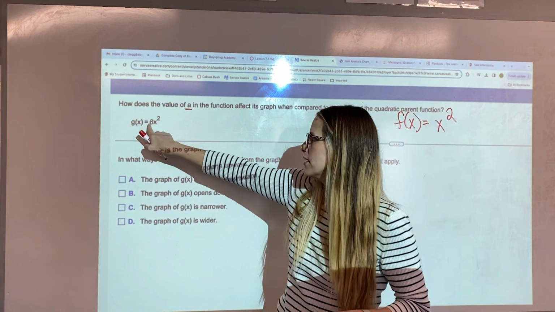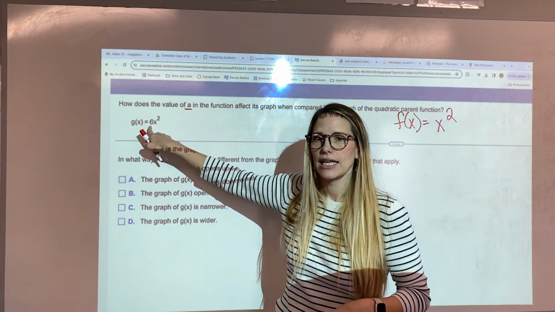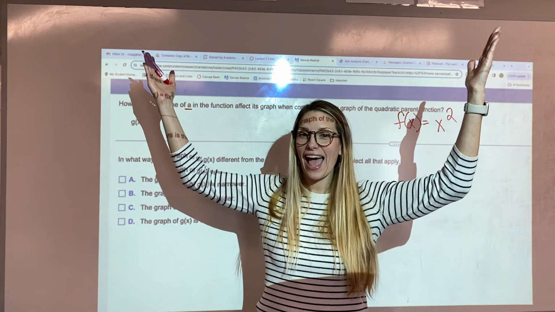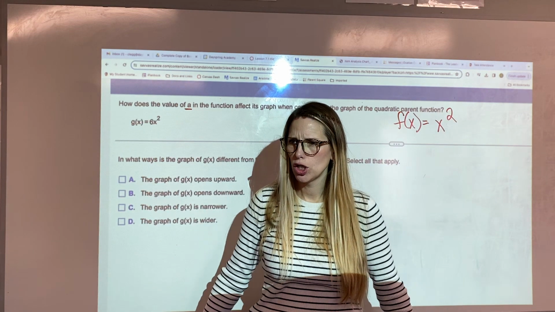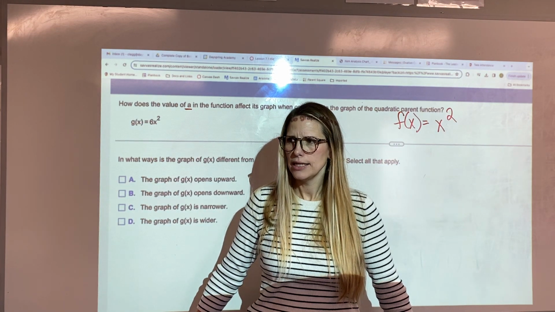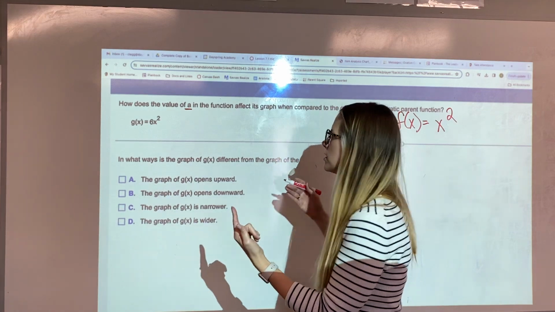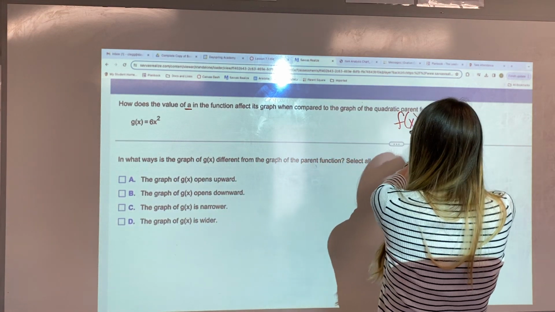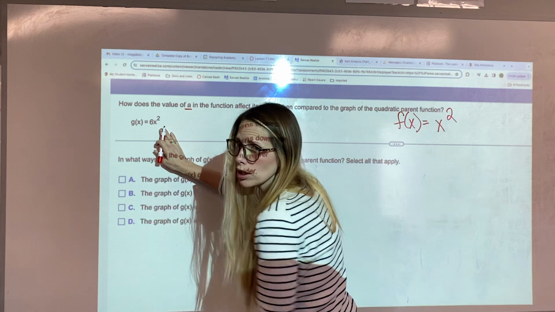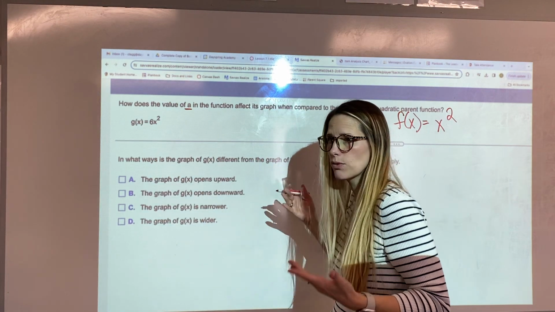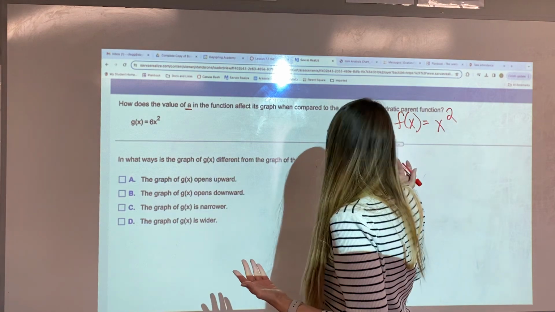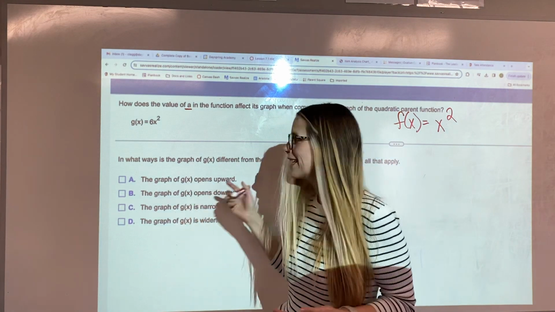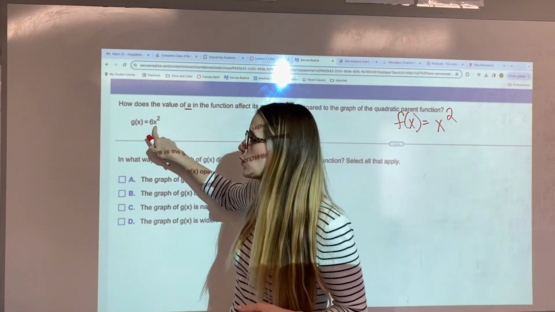If a, the leading coefficient, is positive, it's a happy parabola. If it's negative, it's a sad parabola. Now, do you see a difference in positive and negative from the mommy and daddy to the little baby? Is one positive and one negative? Is there going to be a difference? No, they're both happy. Yay. Happy mommy, daddy, happy little baby.